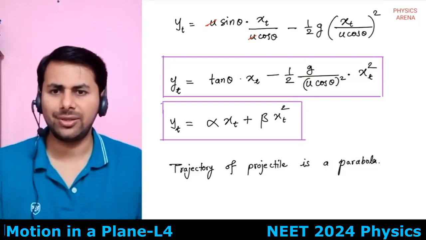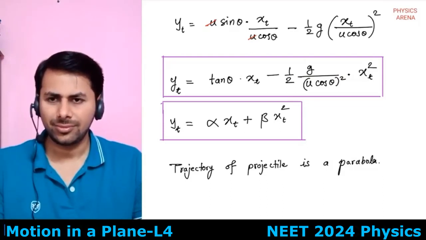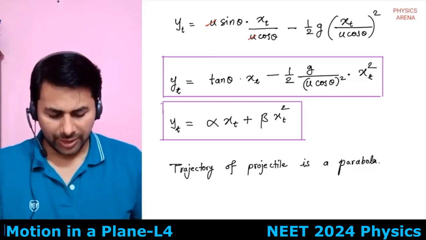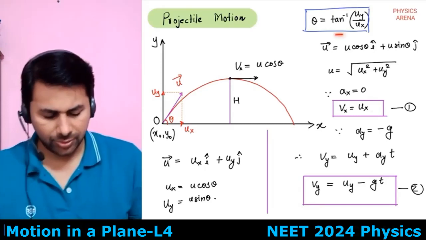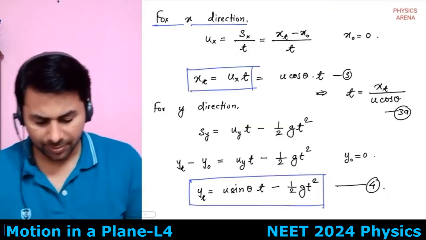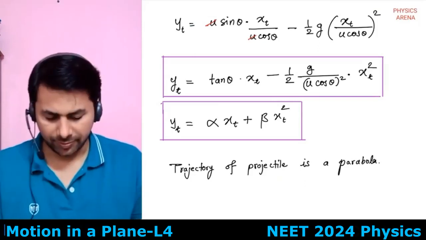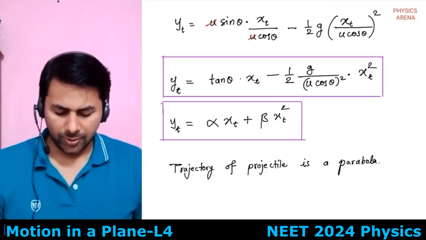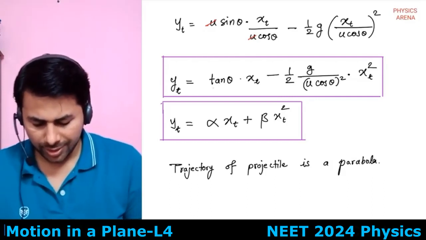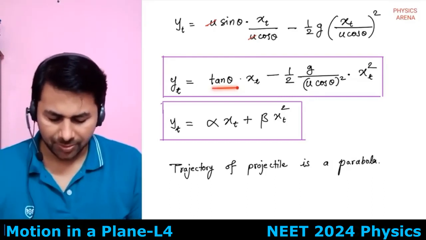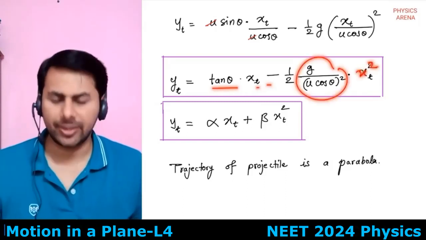Is it clear till this point? Okay, so we need to remember this equation. We need to understand the initial setup, this equation, and this equation also, right? So after that, you have y equals tan theta times x minus half of this factor multiplied by x square.